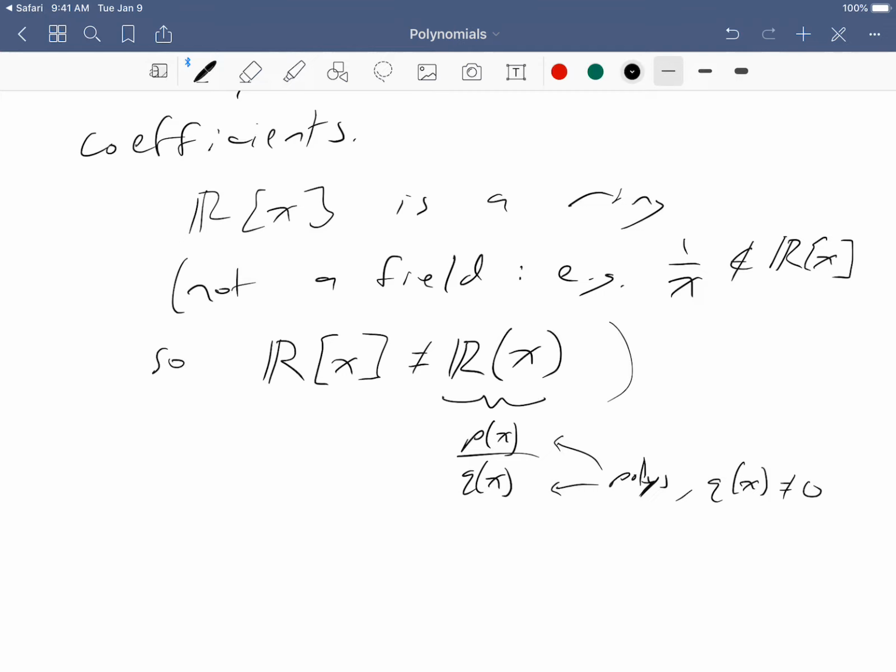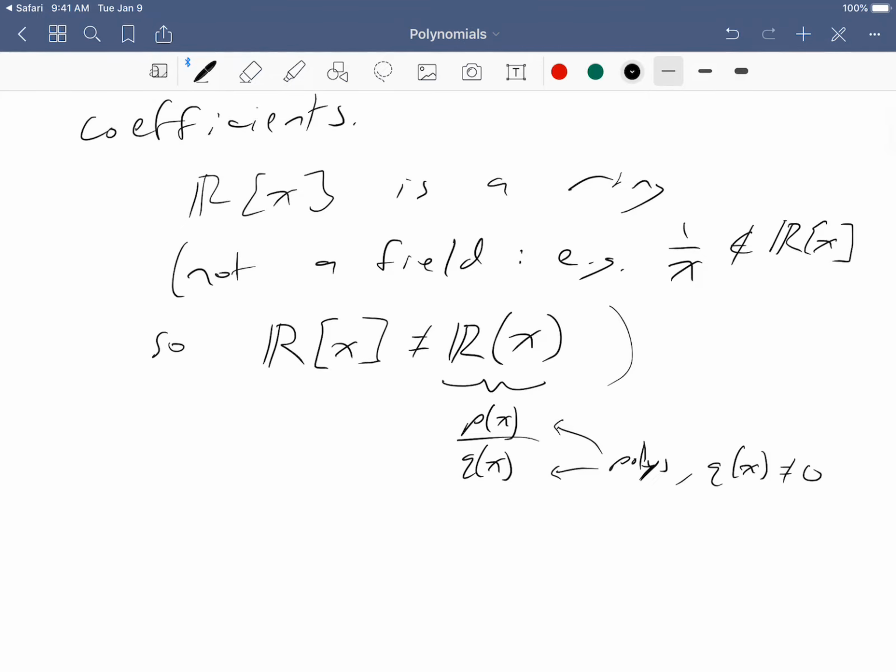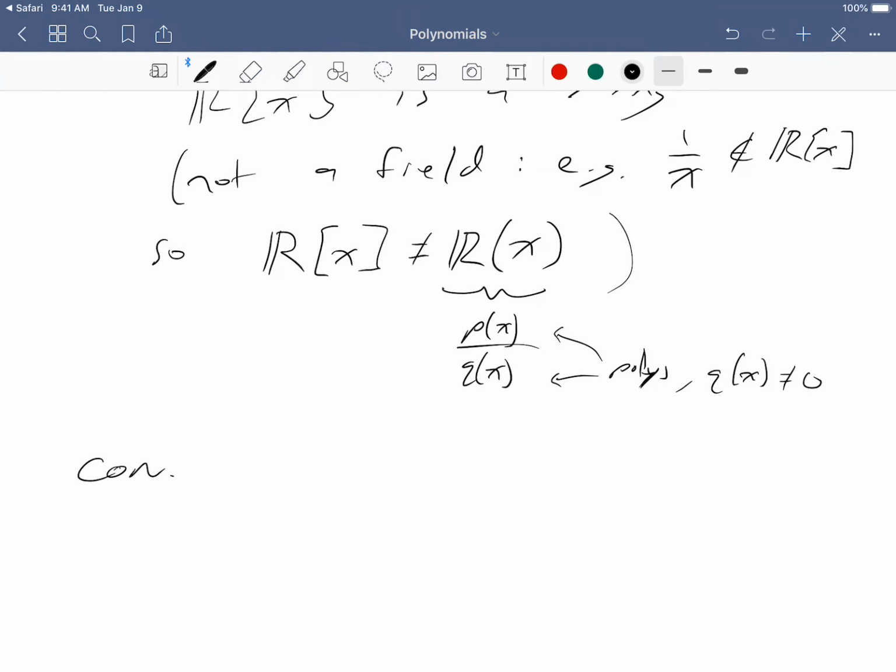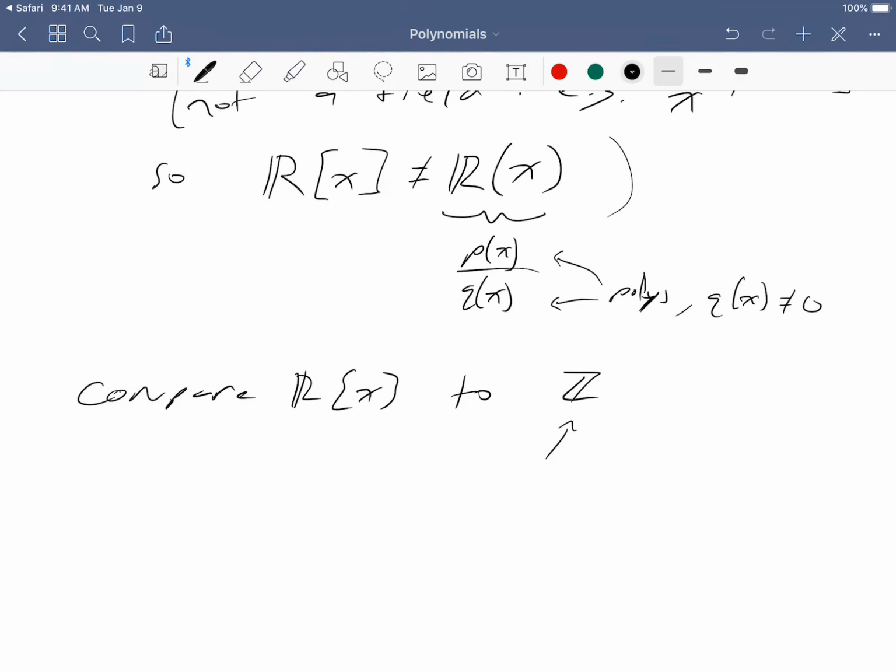All right, so we're going to think about R[x], this ring, and compare it to the integers. We're going to compare properties of R[x] to the integers, the ring of integers. In particular, things that we studied for the integers were the division algorithm.